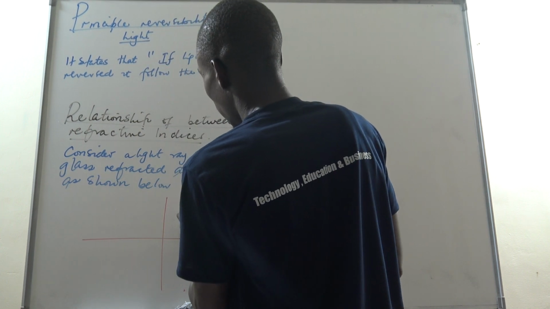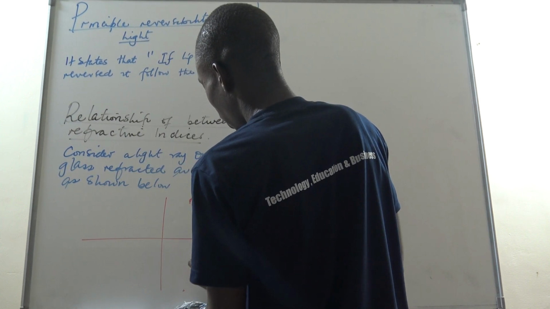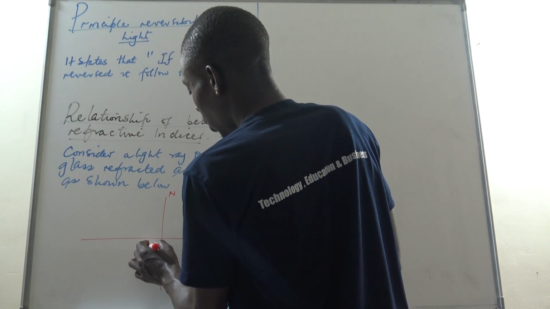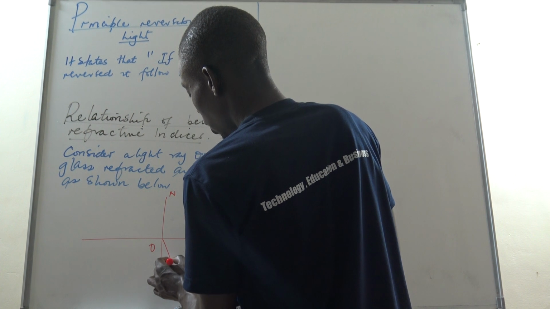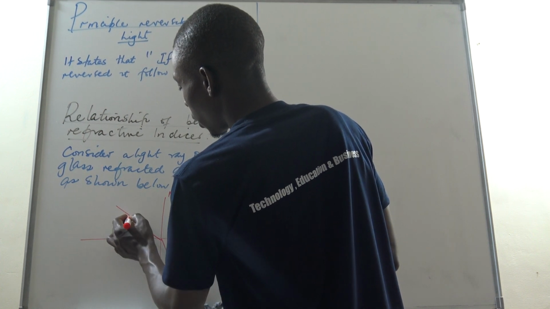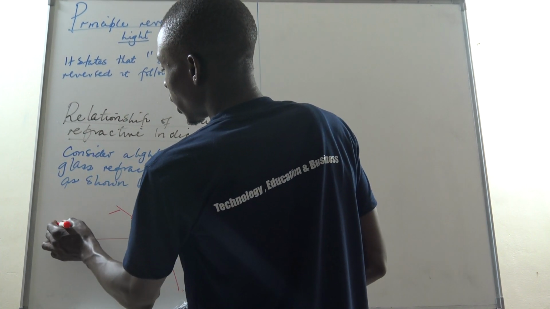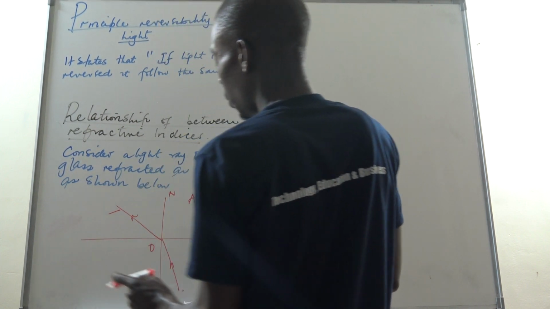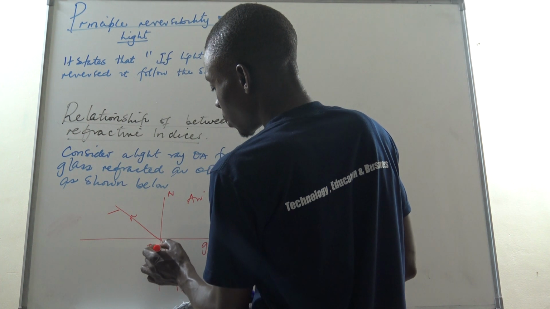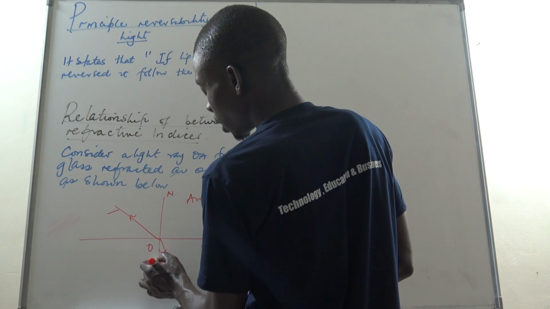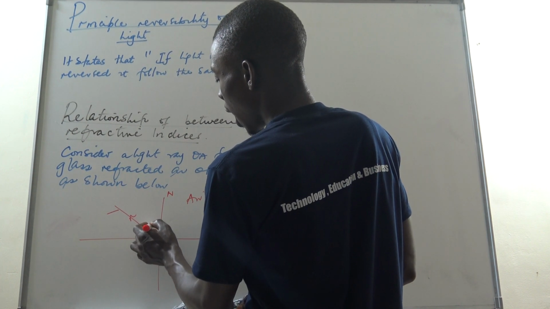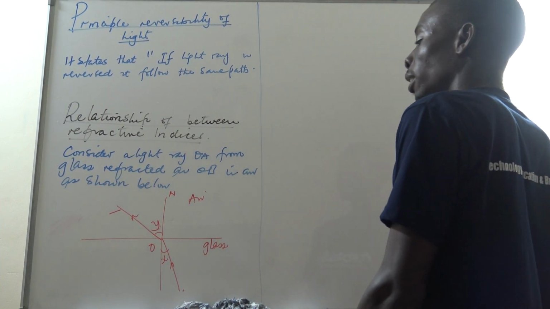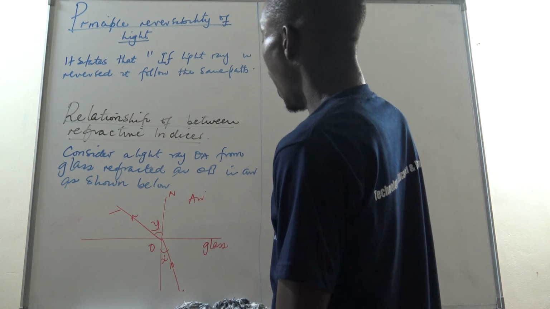So if this is my air and this is my glass, and this is the normal, this is point O, we say it will be refracted away from the normal. This is the refracted one. This is maybe angle x. This is maybe angle y. Is that okay? That is my angle y.